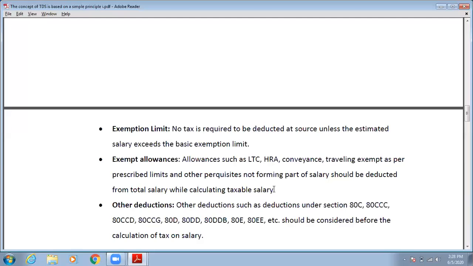If we talk about the allowances, we have already studied them in the salary head, in the second or third lecture.